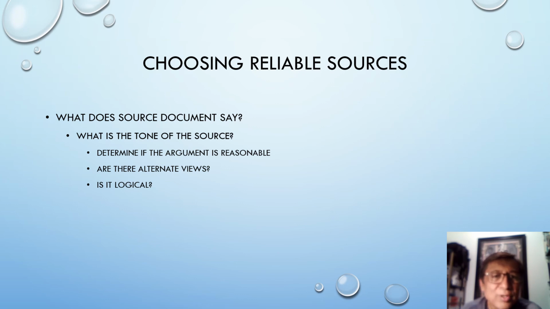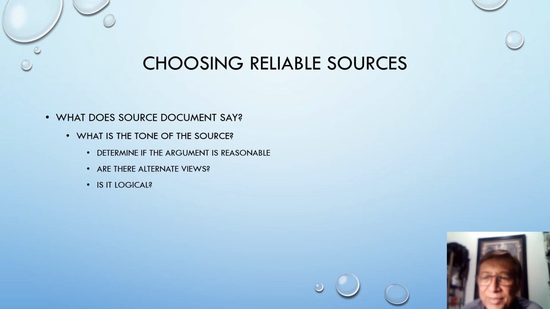And then the tone of the source. Is the person really biased, do they have a bone to pick, so to speak, with the field they're commenting on, or is it more of a reasonable argument? Sometimes people write opinionated things on these source documents, and that's fine.